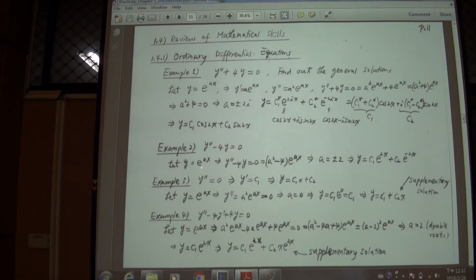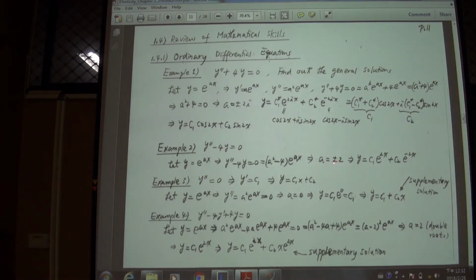In the same way, we let y equal e^(ax), put this into the equation, and get y double prime equal to a squared e^(ax), minus 4y. Since the exponential function does not equal 0, a squared minus 4 equals 0. So a equals plus or minus 2.